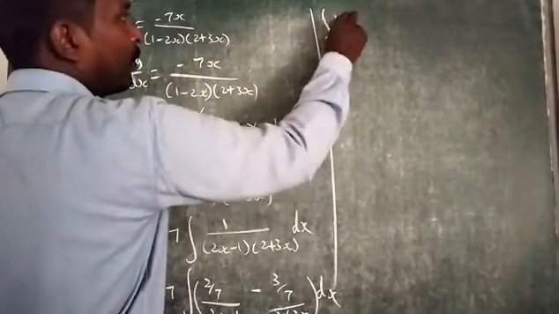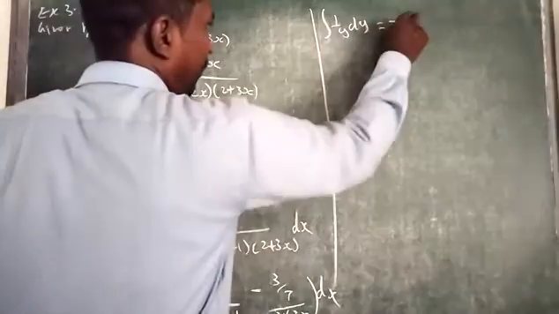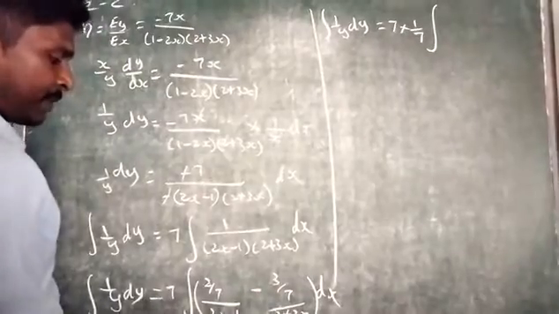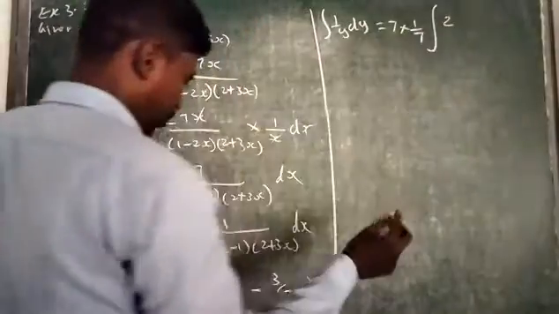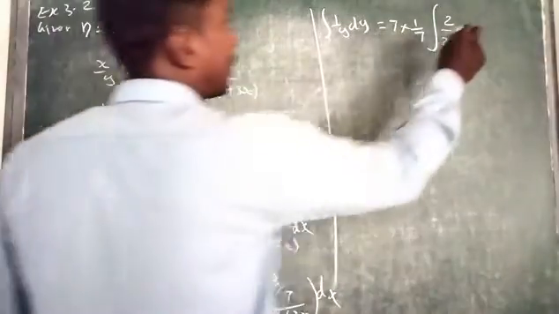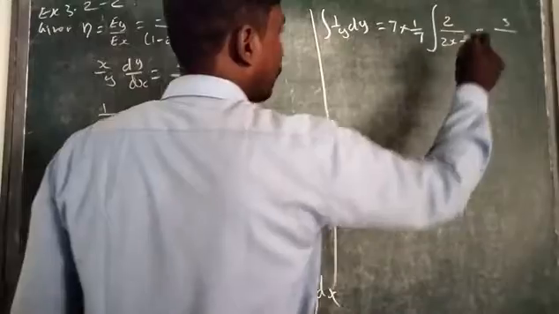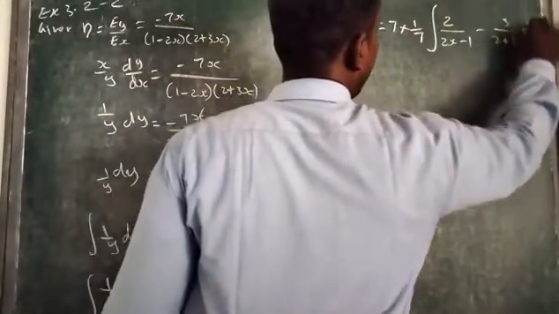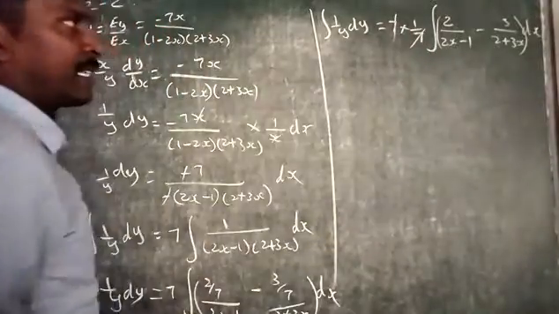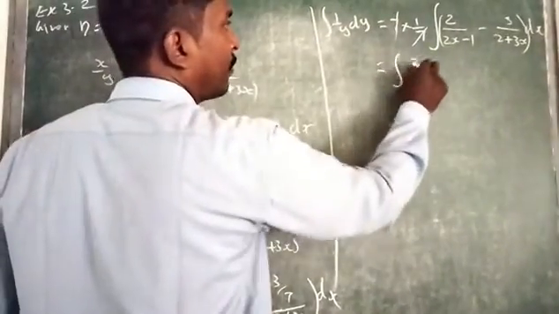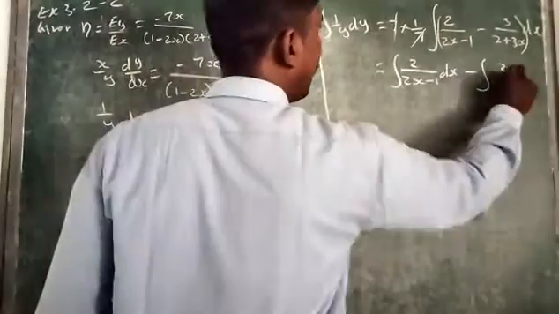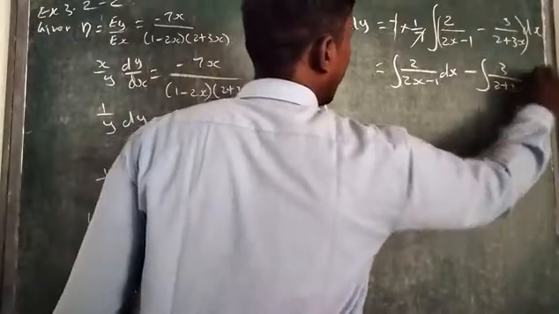Then we have the integral of 1 by y into dy equal to 7 into 1 by 7, then here 2 by (2x minus 1), then minus of 3 by (2 plus 3x) into dx. So the 7 cancels, then we can write the integral of 2 by (2x minus 1) into dx. Here take minus outside, then 3 by (2 plus 3x) into dx.